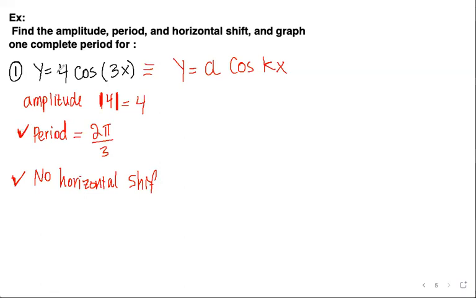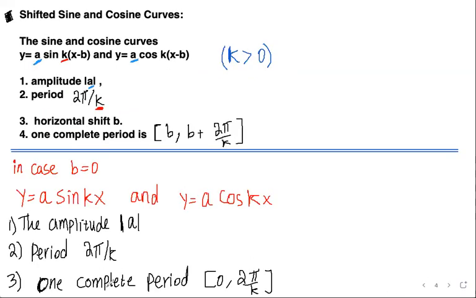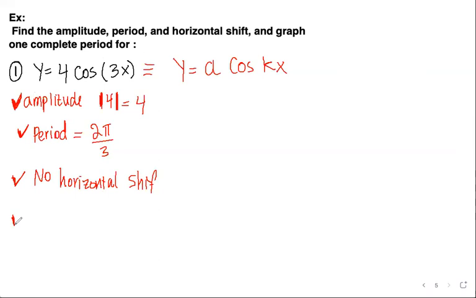Now, what's the complete period? One complete period is from 0 to the period, 2 pi over k. So here one complete period is from 0 to 2 pi over 3.